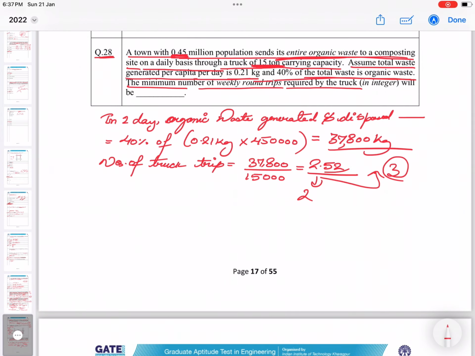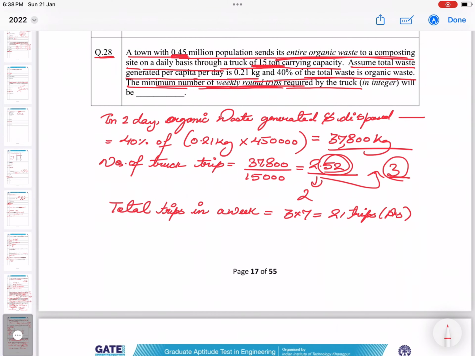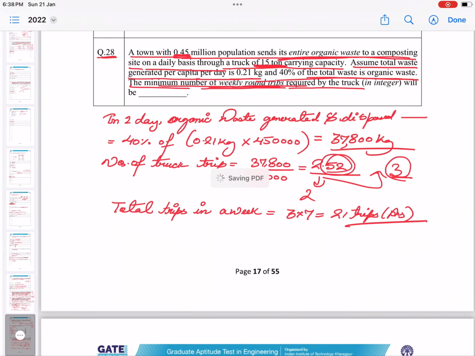The number of trips the truck has to make will be 3, because it must also carry the remaining 0.52. But don't stop here, they are asking the minimum number of weekly round trips. The total trips in a week equals 3 into 7, so it will give us 21 trips as the answer.